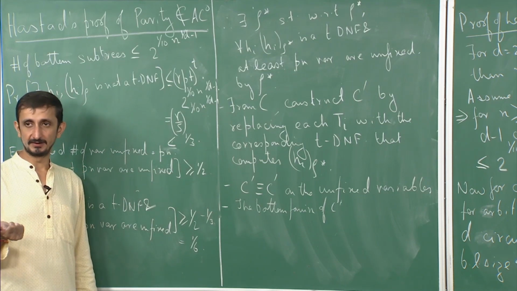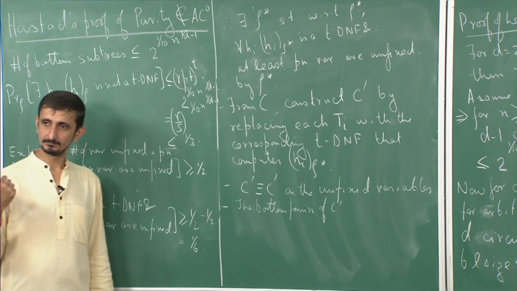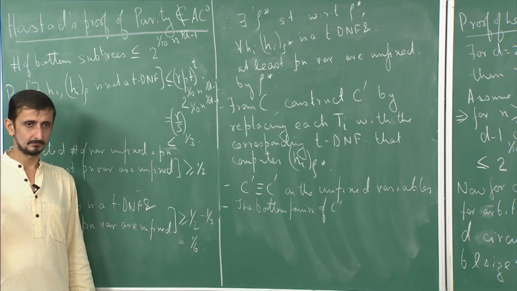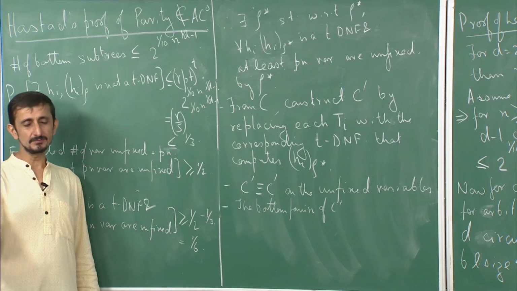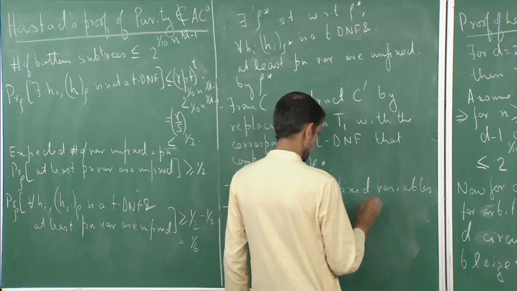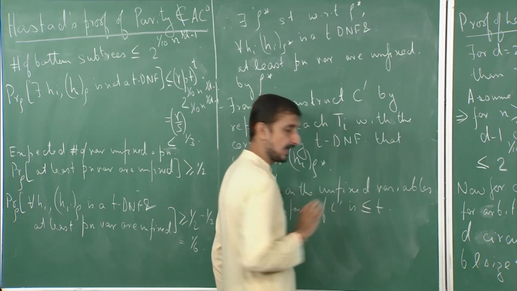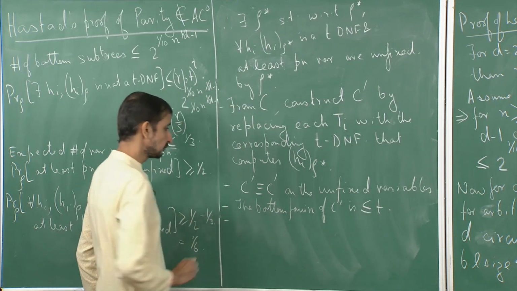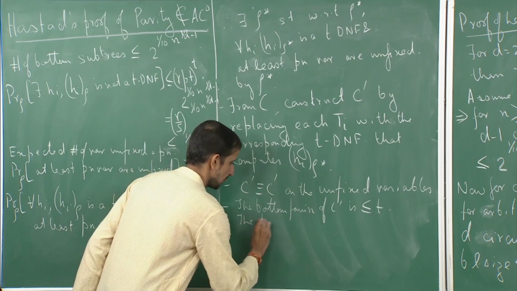So, what will be the bottom fan-in? It is still bounded by T, right, because from a TCNF I have just changed it to a TDNF. So, the bottom fan-in remains the same, at most T.